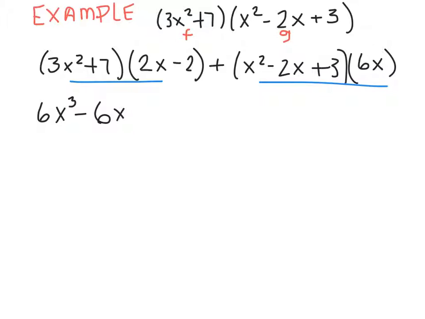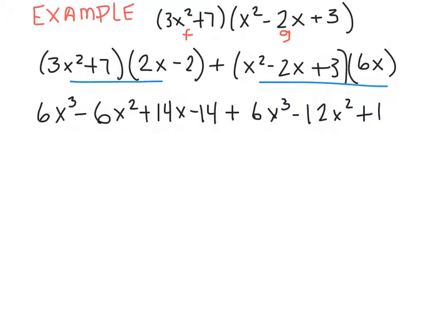Minus 6x squared plus 14x minus 14. Now I'm going to do the other pair of polynomials. This is going to become 6x cubed minus 12x squared plus 18x.